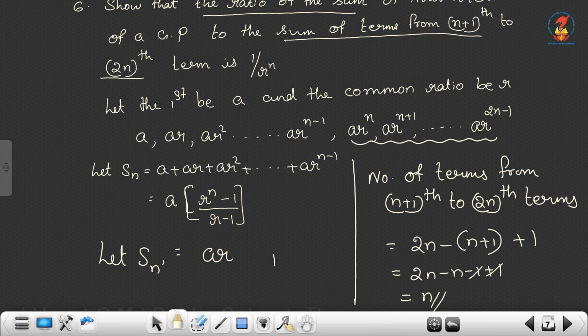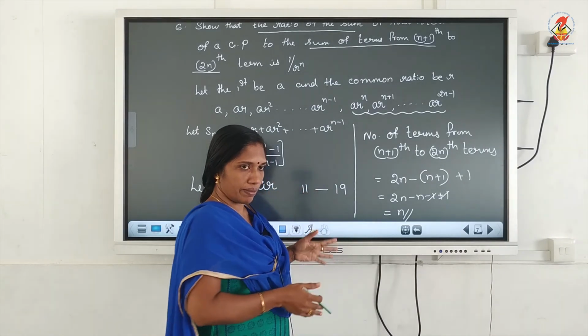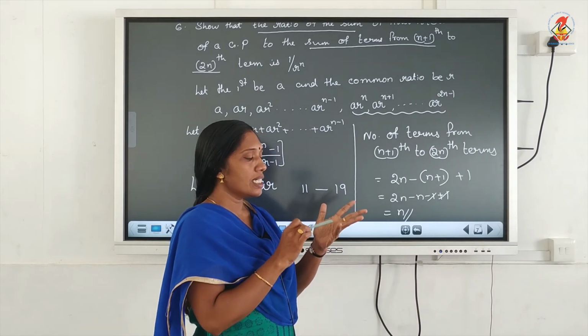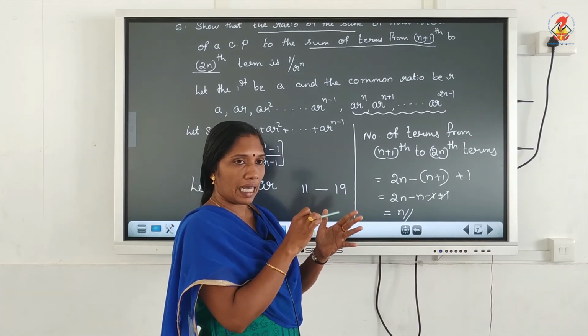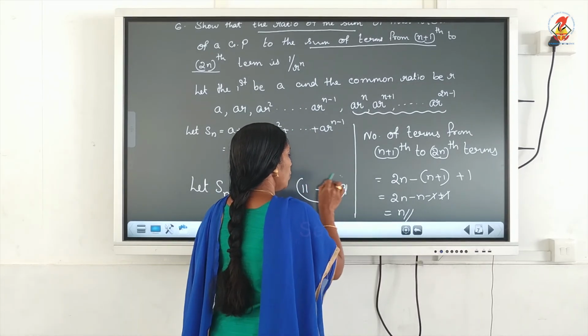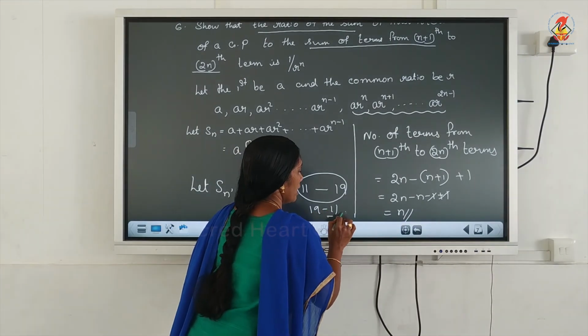How many terms from 11 to 19? If it is 1 to 19, there are 19 numbers. Here, 11 to 19, including both, how many numbers are there? 11, 12, 13, 14, 15, 16, 17, 18, 19. 9 numbers are there. Normally we just subtract, and we get 8.